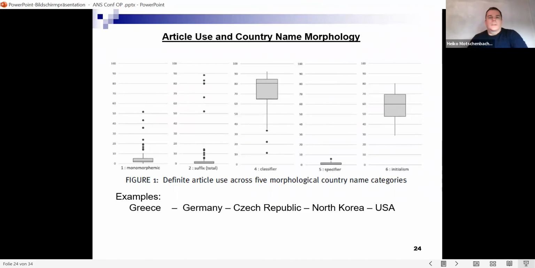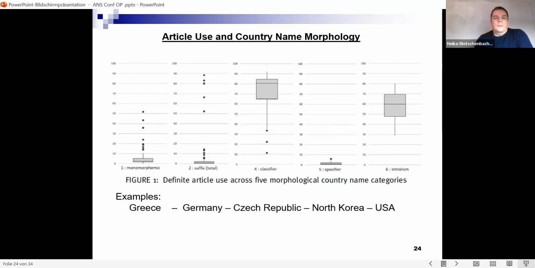Right, so when I quantified this in relation to the morphological categories, this is what I found. So you see here the box plots indicate how frequently we find the definite article with these name categories. So you see here category 5, which is names having an adjectival specifier, like in North Korea, they have the lowest definite article rate.